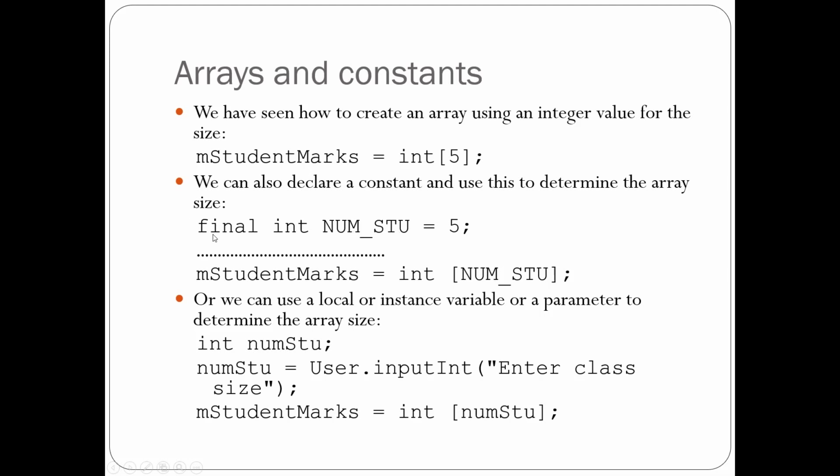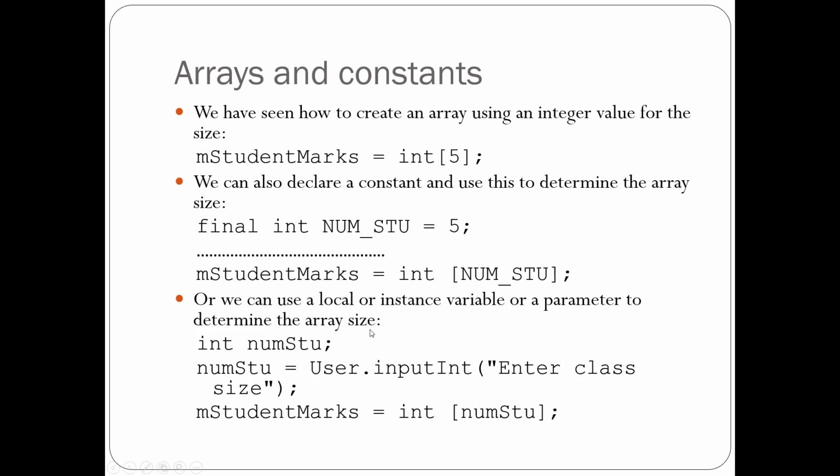So in this case I've got a final integer called num_students, and we've set that to 5, and I can use that value to set up the size of the array. Useful if you've got multiple arrays and you want to set them up all the same size, because you can just use the constant.